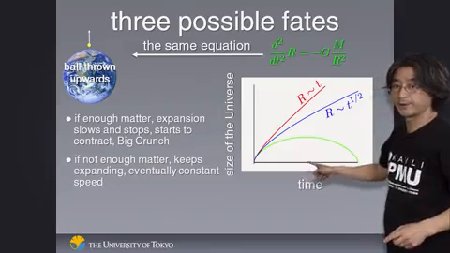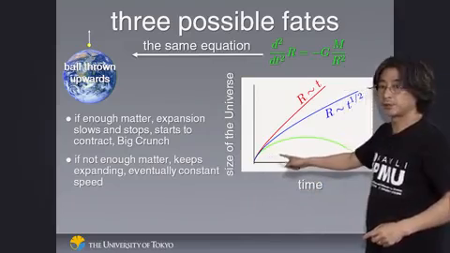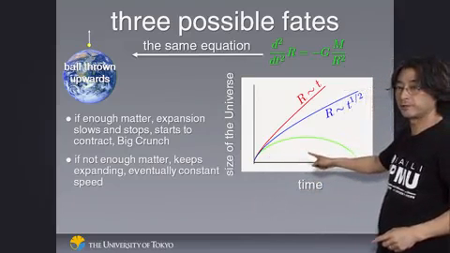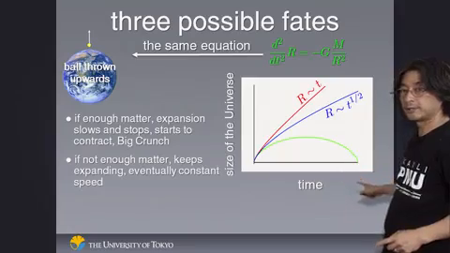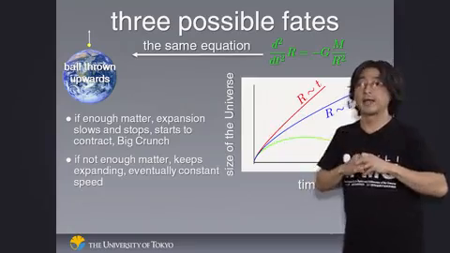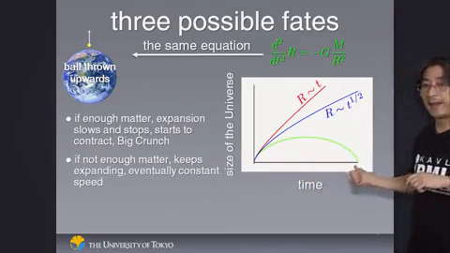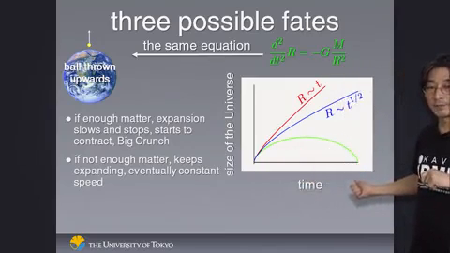That's the green curve here. As time goes on, the universe gets bigger and bigger, but slows down, stops here, starts to come down, and then eventually ends up with the big collapse. This is called the Big Crunch. The universe starts with the Big Bang and may end up with the Big Crunch.